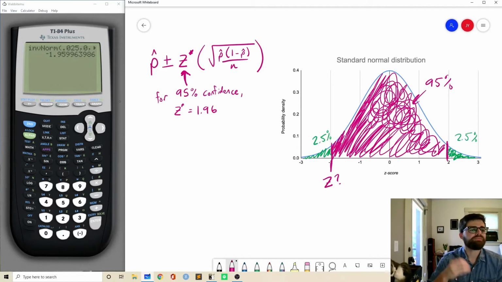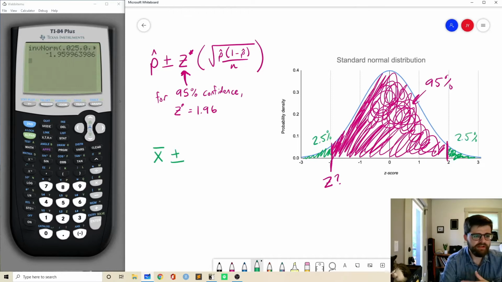Now, when we deal with a sample mean instead of a sample proportion, we're going to use a slightly different formula. So the key difference is we're using a different statistic. Now we're using the mean of the sample instead of the proportion of the sample. And then we'll have a different formula for the standard error.